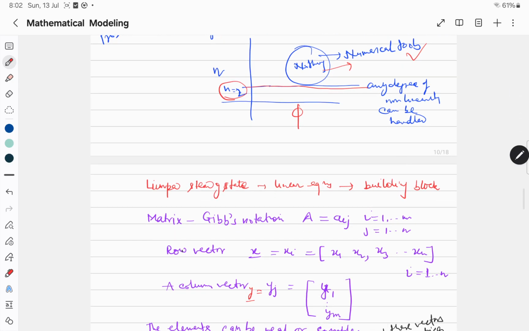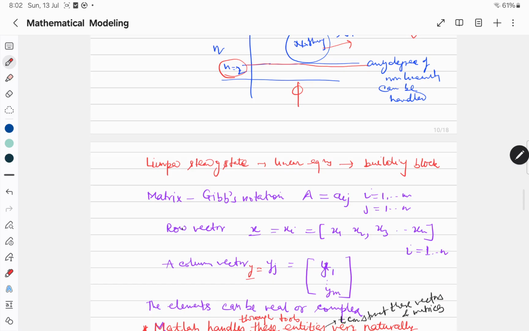Now, as you know, for lumped steady state you will get linear equations. So this will be the building block of numerical solution, linear equations.